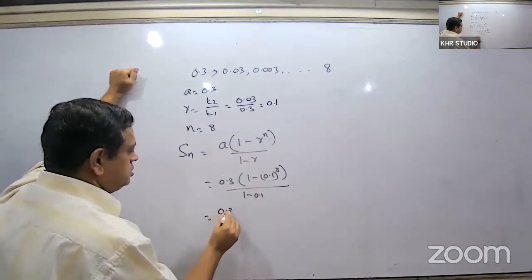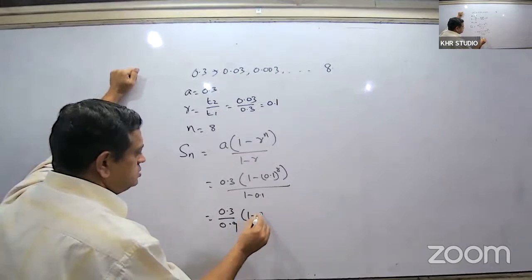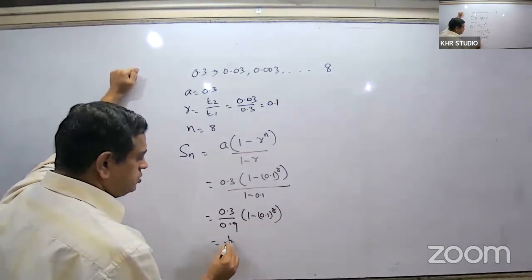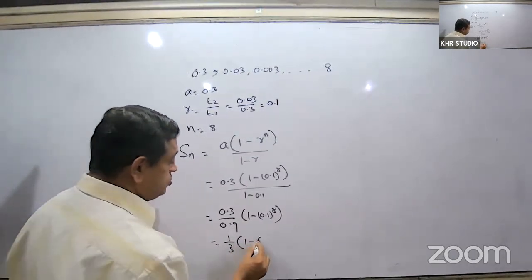That is 0.3 upon 0.9, so 1 by 3 into 1 minus 0.1 raised to 8.